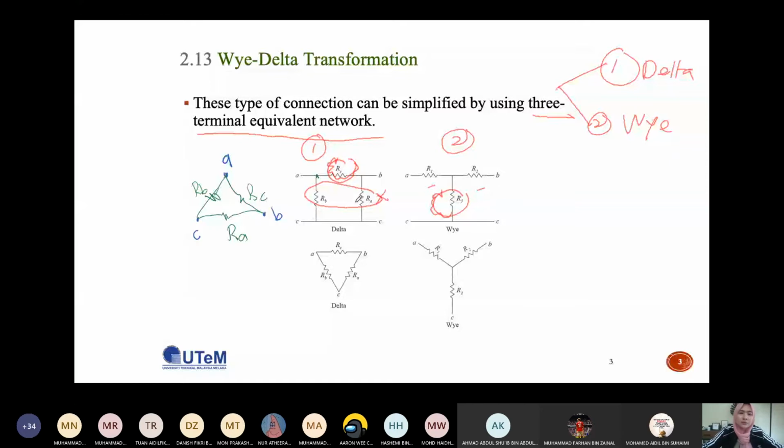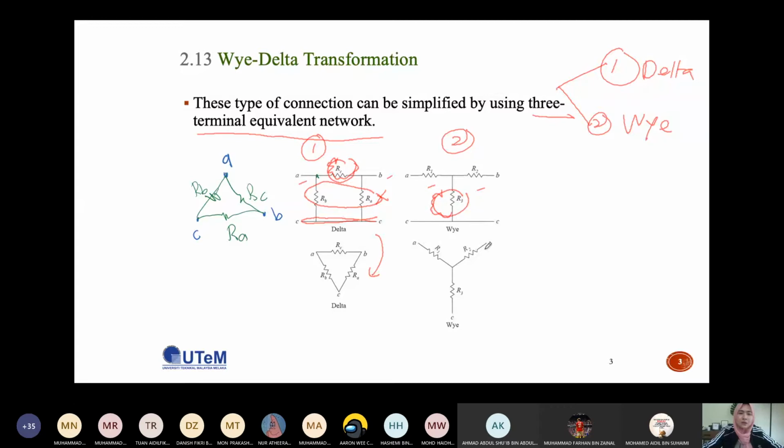Okay, so for this circuit, you can actually redraw it. You look at here, you have three nodes, A, B, and also C. So this is one node. So if you redraw this circuit, you will get a circuit like this. For this circuit, same, if you redraw the circuit, you have A, B, and also C, three nodes.